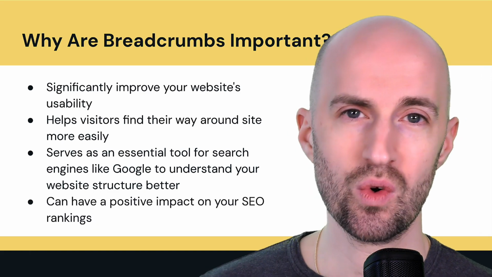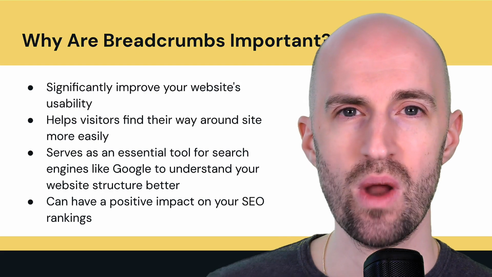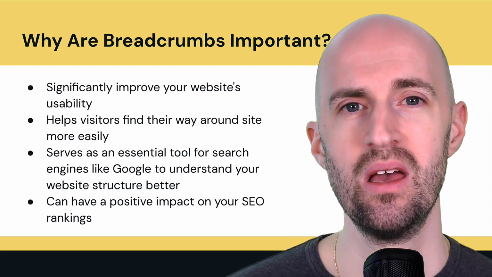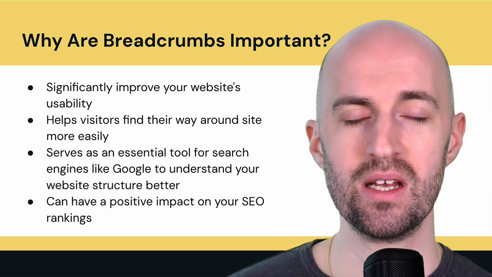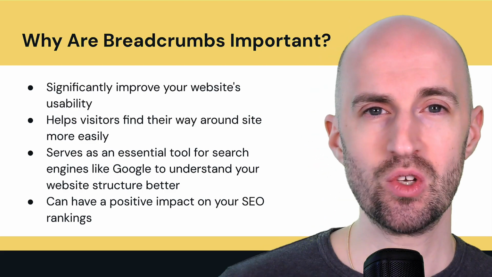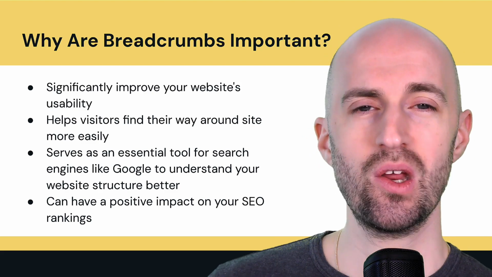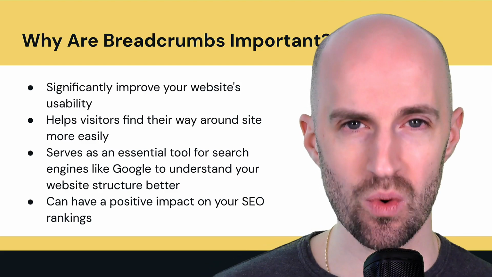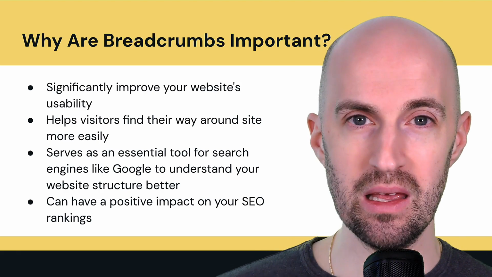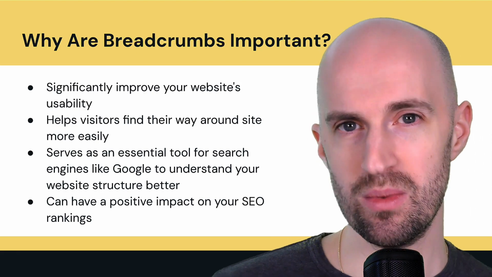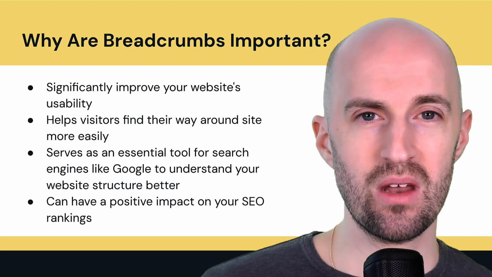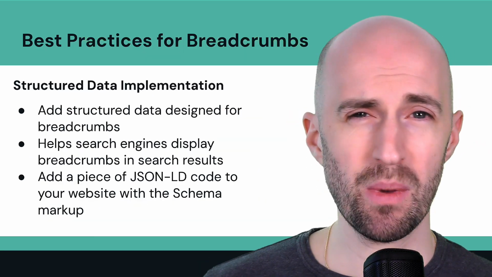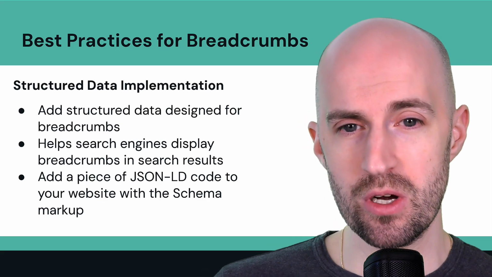It can have a great positive impact on your SEO rankings because not only does it provide internal linking automatically, but it also creates a great flow of link equity between pages, so that category and higher level pages accumulate higher page authority over time from the link juice accumulated at lower or child pages, if you may. So let's talk about some best practices for breadcrumbs.